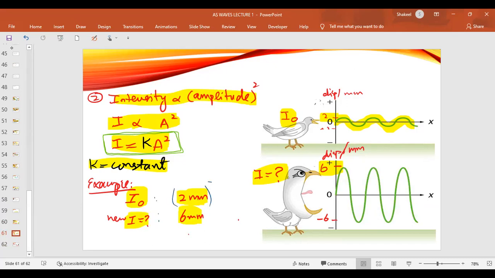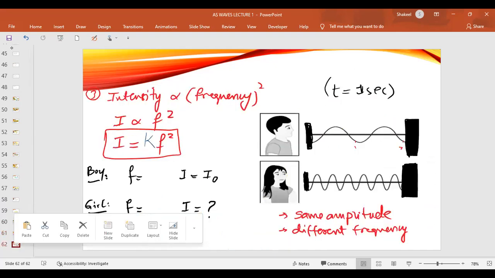One important thing, don't forget to take the square because intensity is proportional to A square. And then you need to cross multiply. So I into 2 square is 4 and I naught into 6 square is 36. So 4 nines are 36. So we say that the new intensity is 9 times the intensity of the previous sound wave.